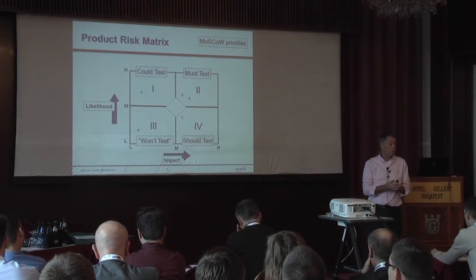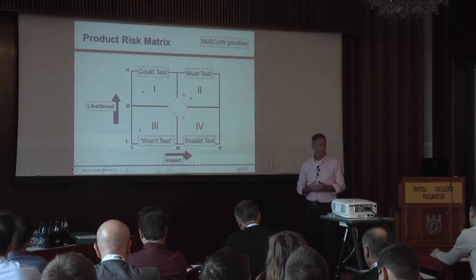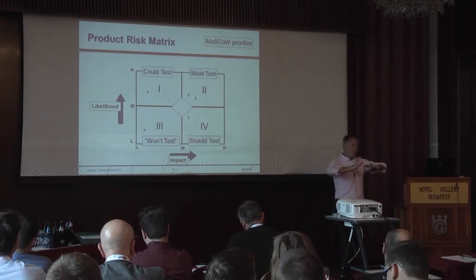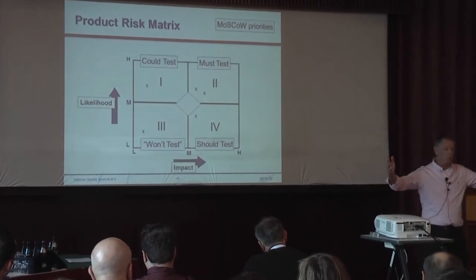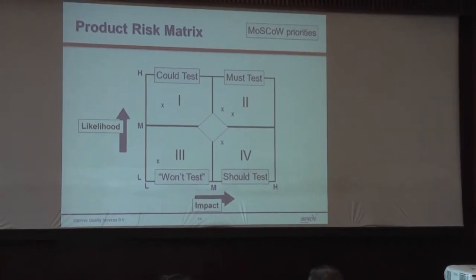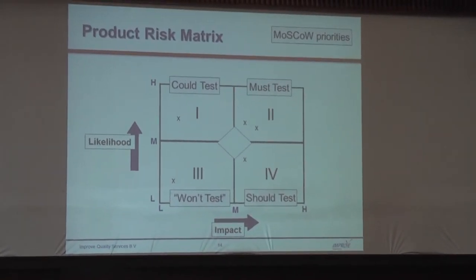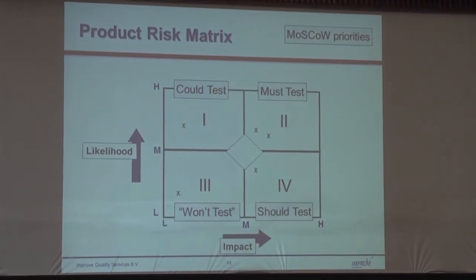Square 1. Okay? And also 3 and 4. So basically what you're doing is you are splitting up your test items, risk items, into 4 groups that will be approached and tested differently. That's another thing we come back to later.